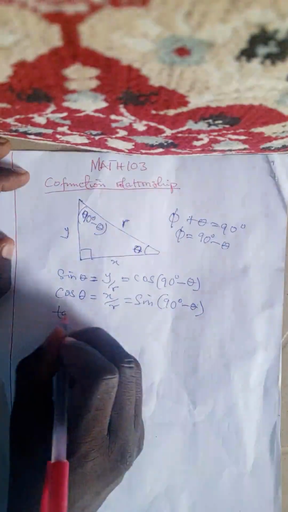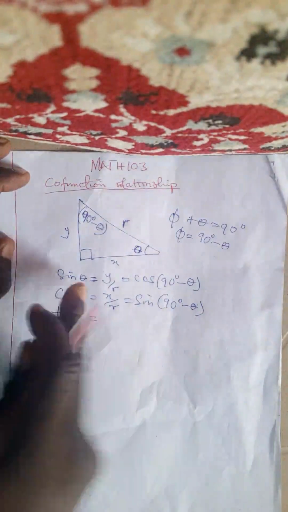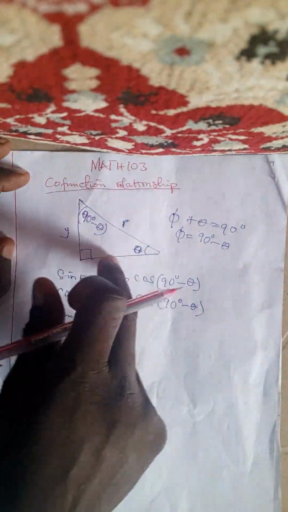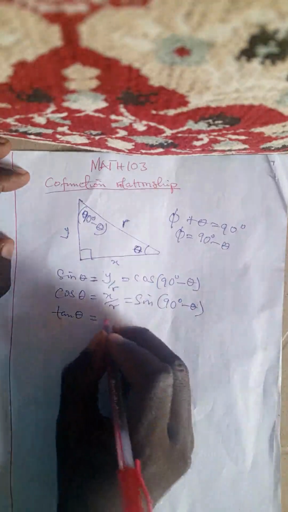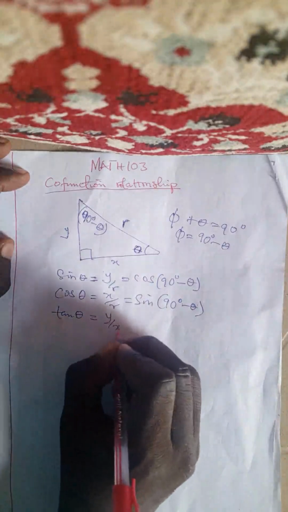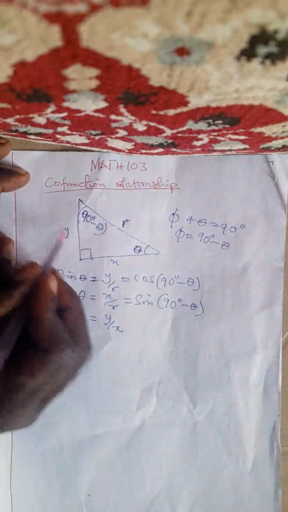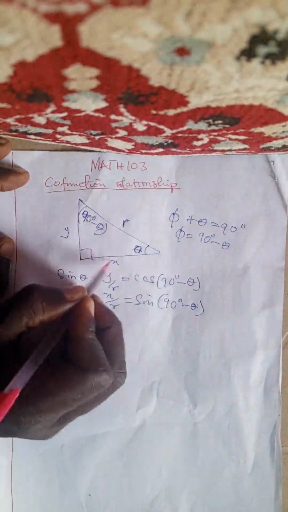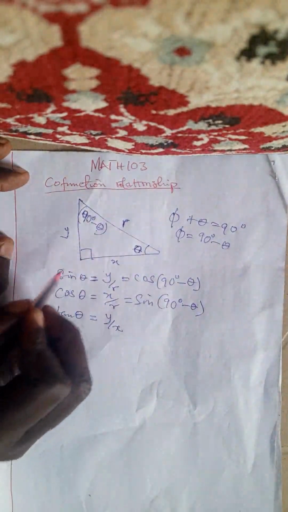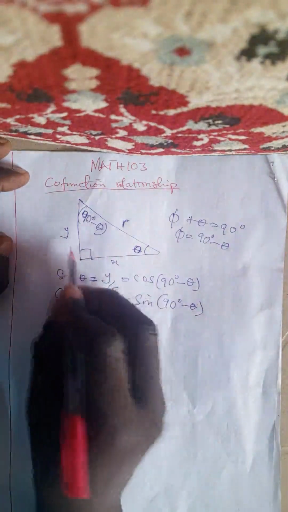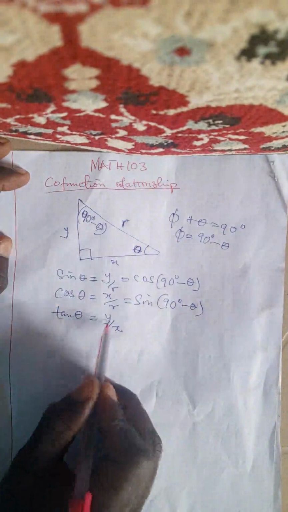Similarly, tan theta is going to be opposite over adjacent, and that is equal to y over x in terms of theta. Now in terms of 90 minus theta, opposite is x. What is opposite in terms of theta, y, is now adjacent.